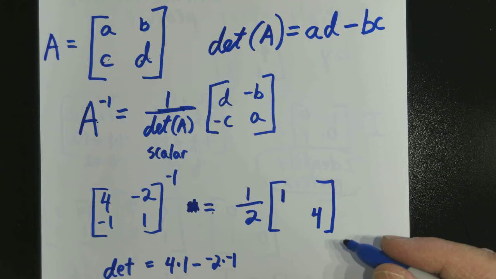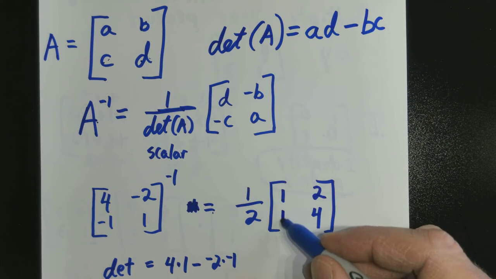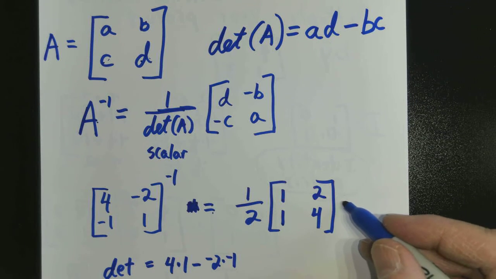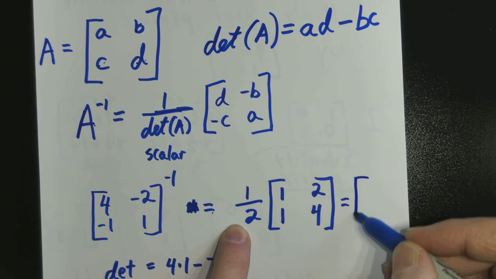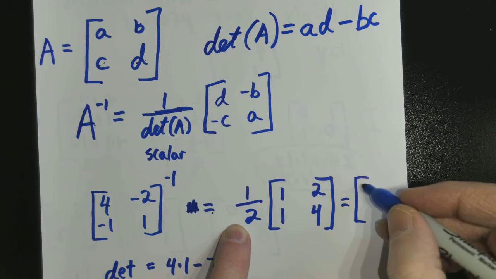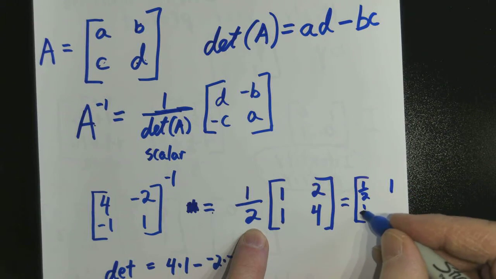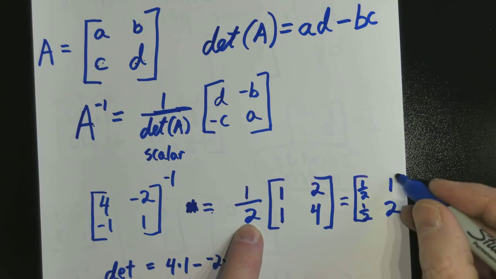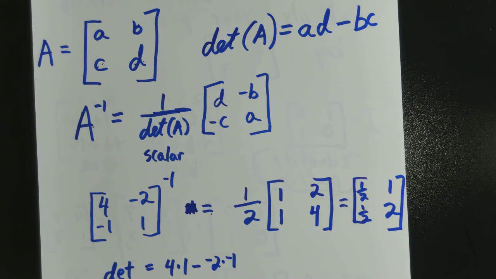And then do positives of 2 and 1, leave them where they are? Okay, good. And then if we use a scalar and just make one matrix out of it, we would have 1/2 here. We'd have 1 here. 1/2 times 1 is 1/2 here, and 1/2 of 4 is 2. Is that the second matrix we had that we multiplied and got 1, 0, 0, 1? All right? Is everybody seeing that okay?